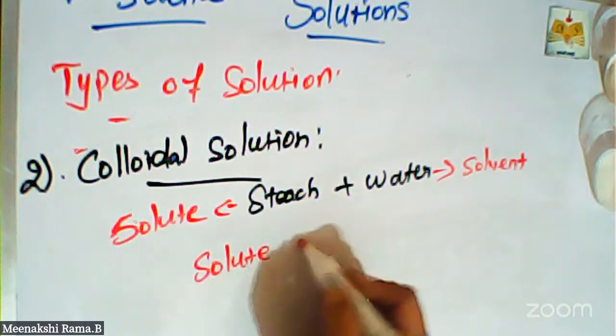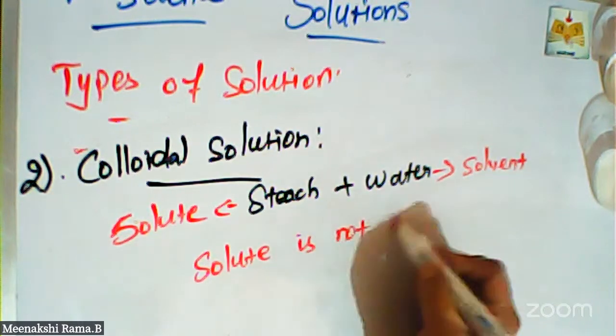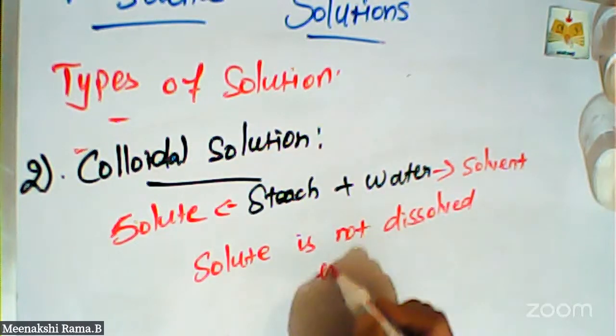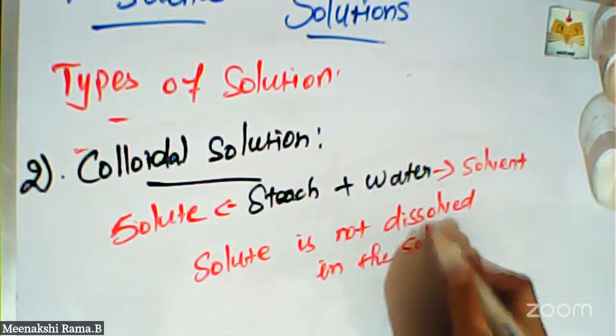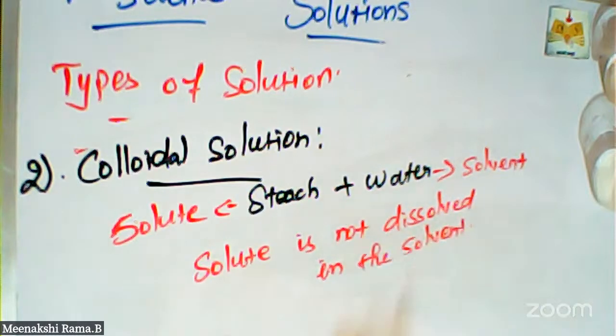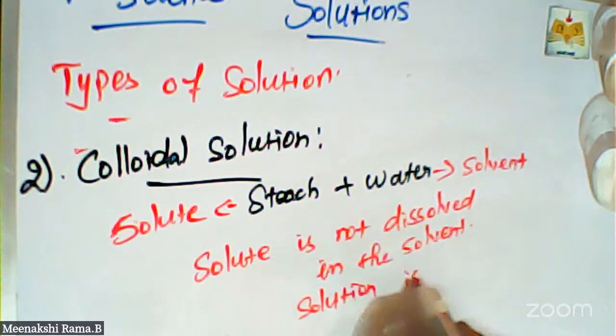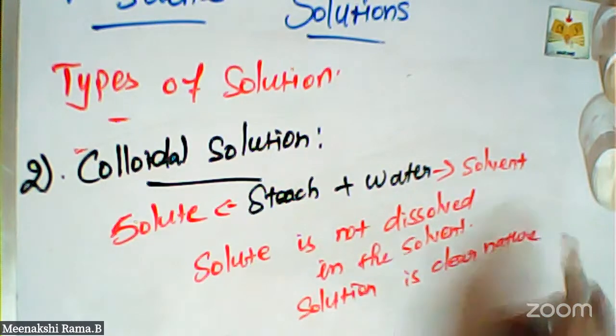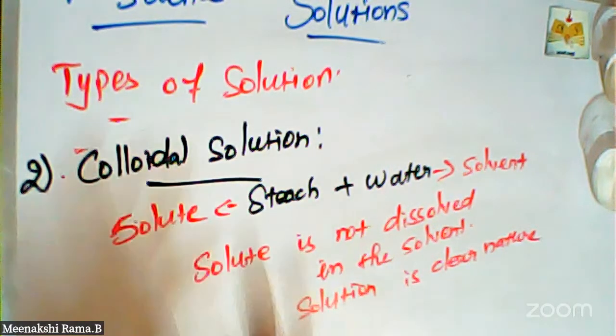The solute is not dissolved in the solvent. So it is called a colloidal solution. The solution is not clear, so this kind of solution is called colloidal.